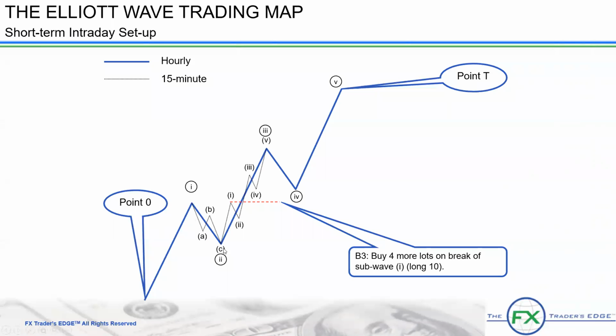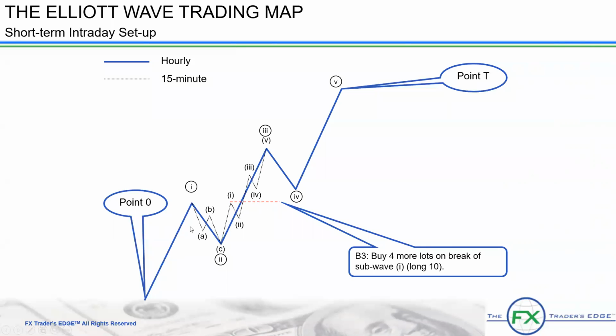But let's say we don't get stopped out, so we're long 6, and now we want to be fully invested for the wave 3. So we do a 1, 2, 3 buy. Once the market moves up again and down again and then takes out the top of wave 1, we buy 4 more lots on the break of subwave 1, so we're long 10.